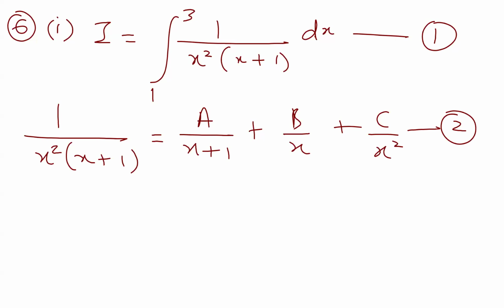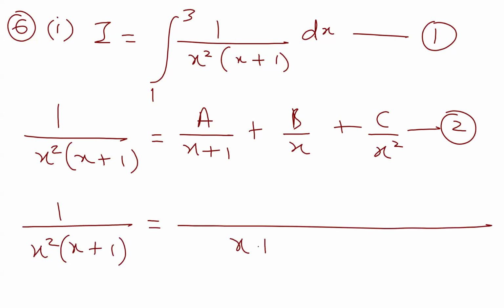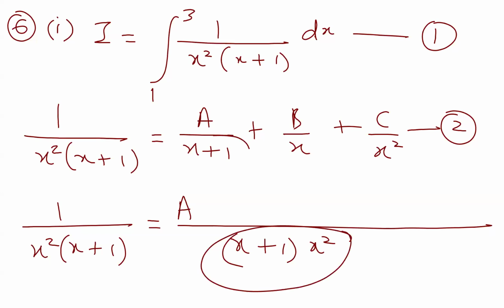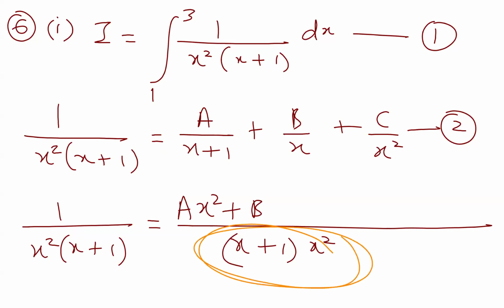Equation number 2. So 1 upon x square into x plus 1. I'll take LCM x plus 1 into x square. If you remember, out of the square term, you should take the square term as the LCM. A into, from this eliminate x plus 1, so it is going to be x square. B into, from this eliminate x, so it is going to be x into x plus 1.